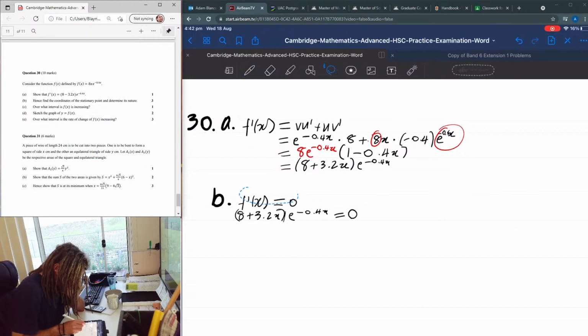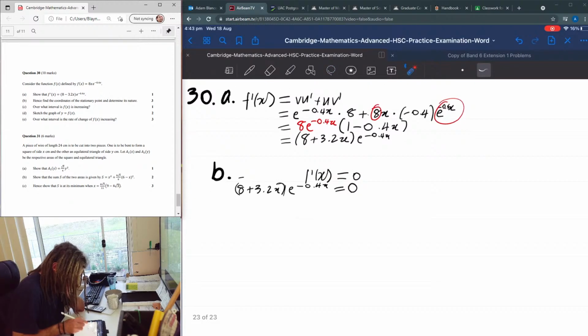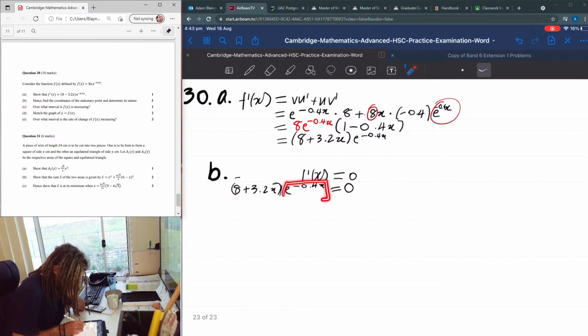It's a little bit hard with exponentials because with the null factor theorem you'd say either that's 0 or that's 0. Well, it's not possible for that to equal 0, so therefore that other thing has to equal 0. So 8 plus 3.2x has to equal 0.